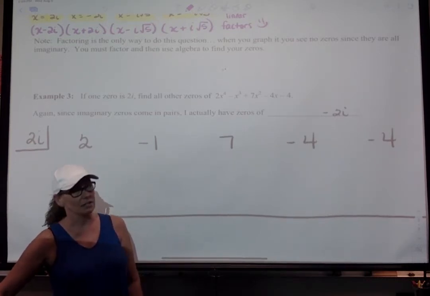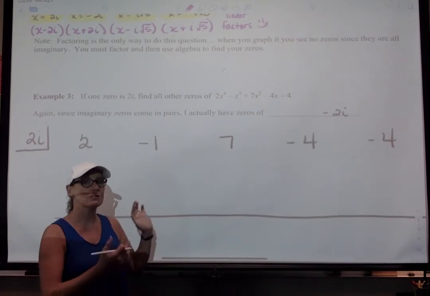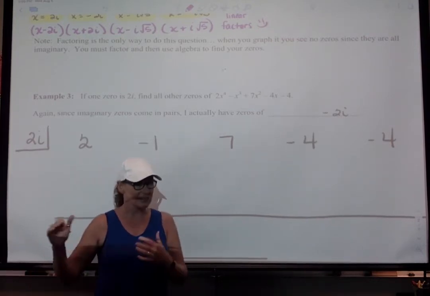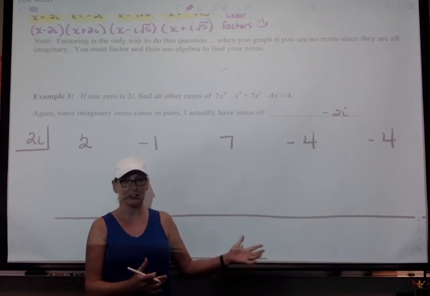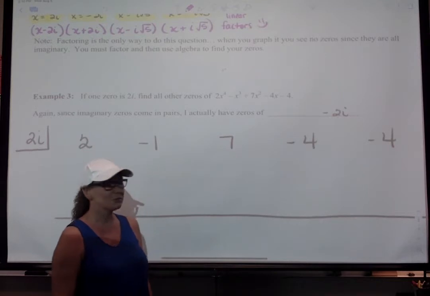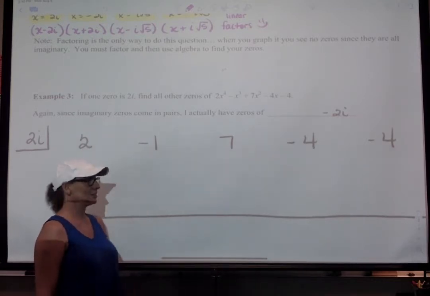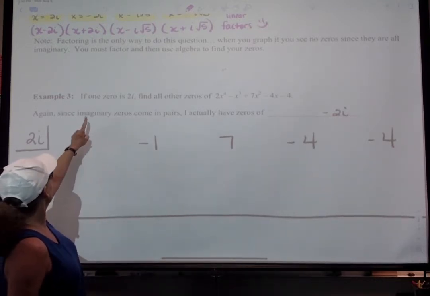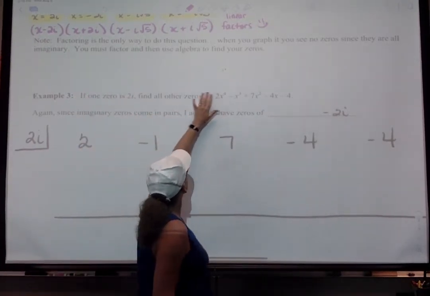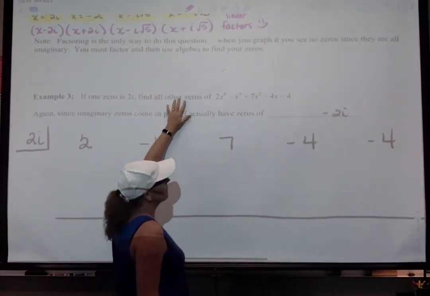It's going to get ugly. Our first round of synthetic division is going to get pretty ugly. Our second round gets pretty nice, and it's easy from that point on. But whew, this first round is going to get ugly. So notice what I've done. If one of my zeros of this quartic is 2i, find all the other ones.